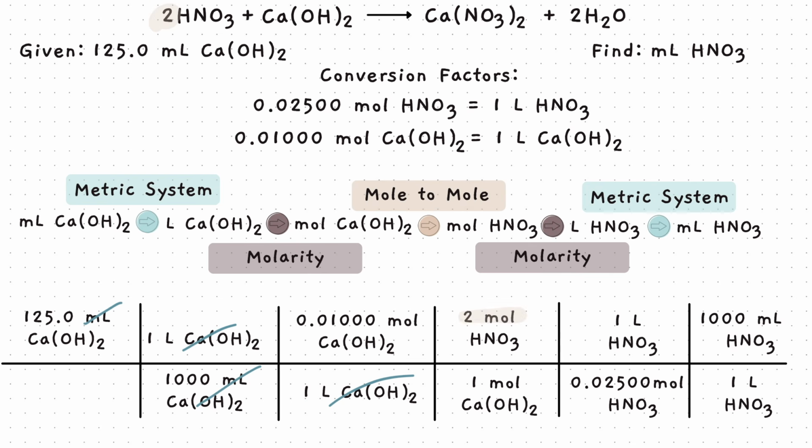There are 2 moles of nitric acid for every 1 mole of calcium hydroxide. The moles of calcium hydroxide cancel out, and we'll use the molarity of nitric acid next. Place the same unit of moles of nitric acid on the bottom, and the liters of nitric acid go on top. These cancel out, and we'll use the metric system again to get to milliliters of nitric acid.